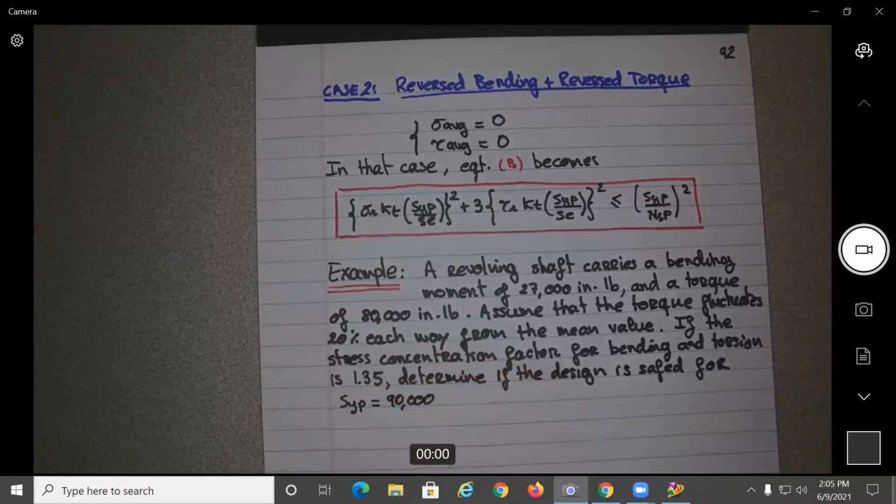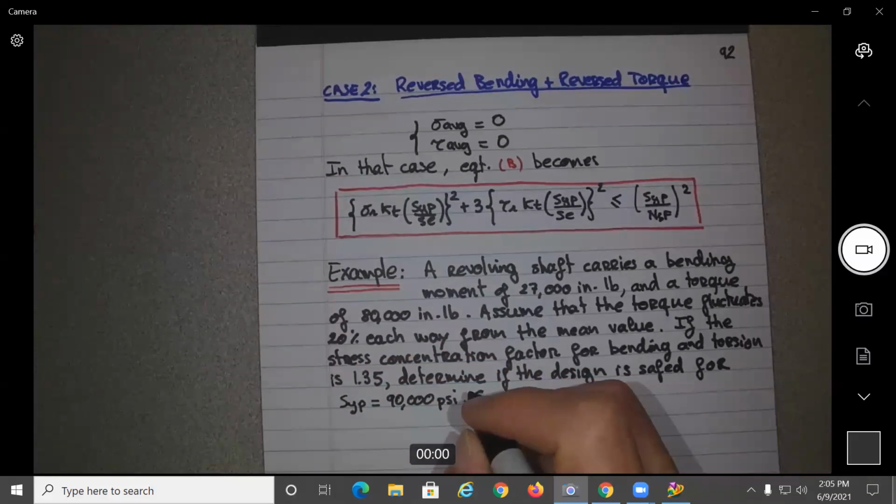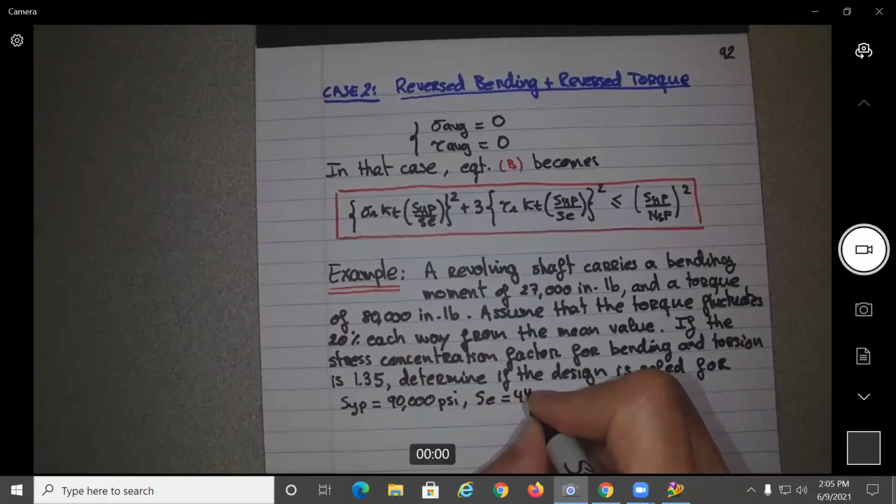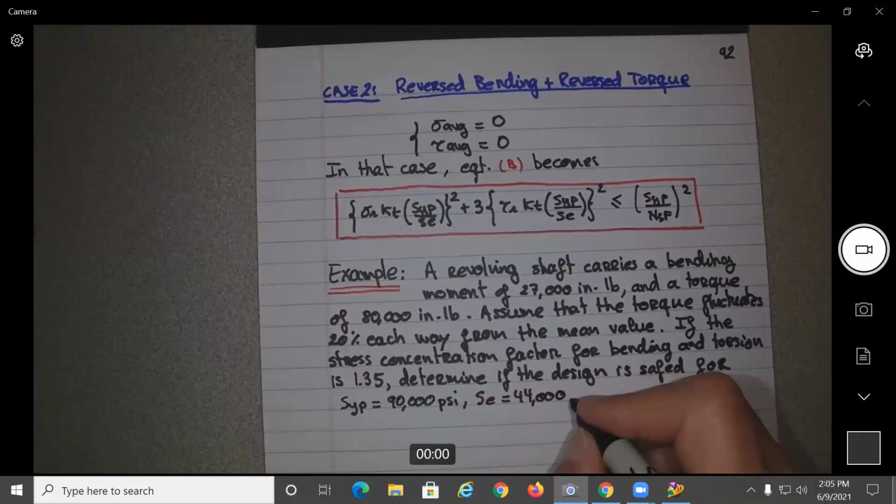It should be PSI. And endurance stress of 44,000. A safety factor of 2.5.